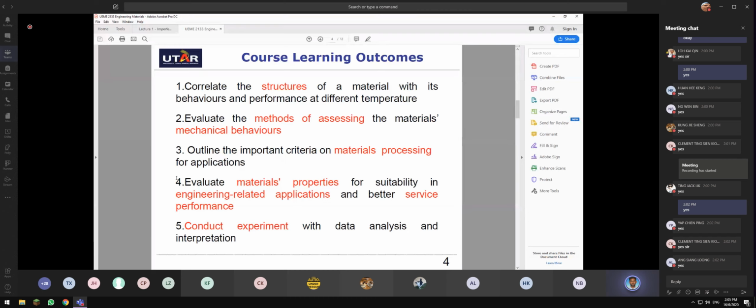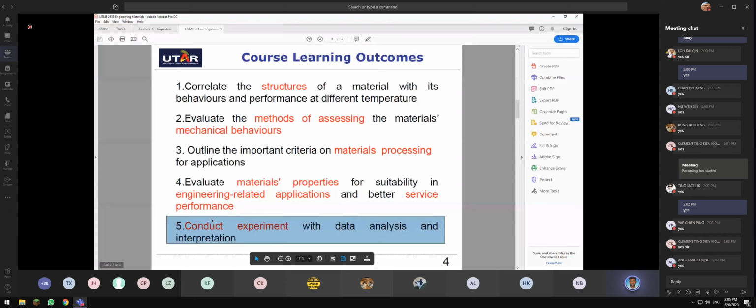The fourth course learning outcome is to evaluate material properties for suitability in engineering related applications and better service performance. And the fifth is to conduct experiments with data analysis and interpretation. For the fifth one, last time we would have our lab session in the lab, but now since everything is becoming virtual, the practical lessons will be conducted here online.